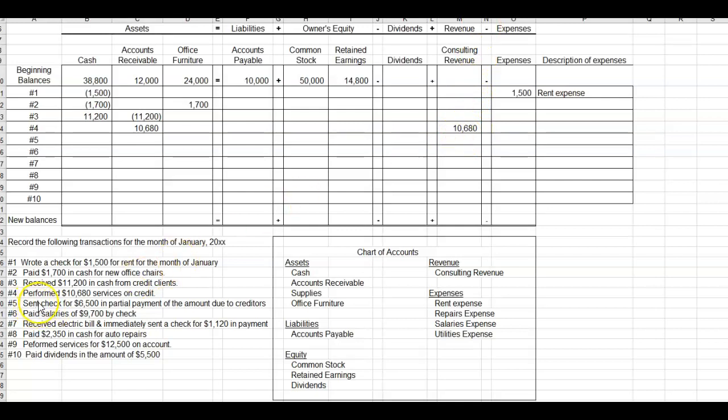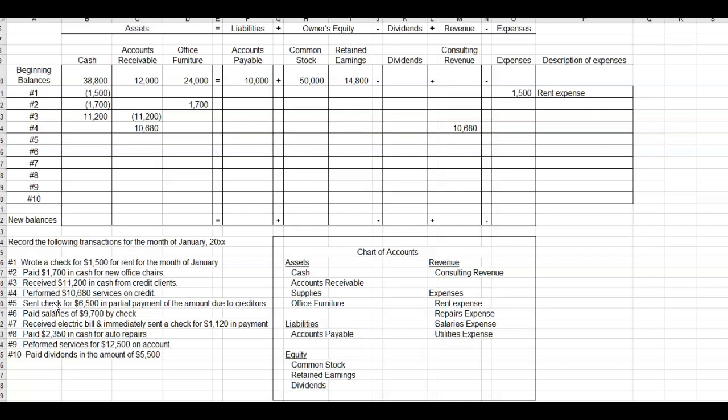Transaction number 5. Sent a check for $6,500 in partial payment of the amount due to creditors. What two accounts are involved, and did their balance increase or decrease? We sent a check. That means we spent the money. So cash decreased by $6,500.